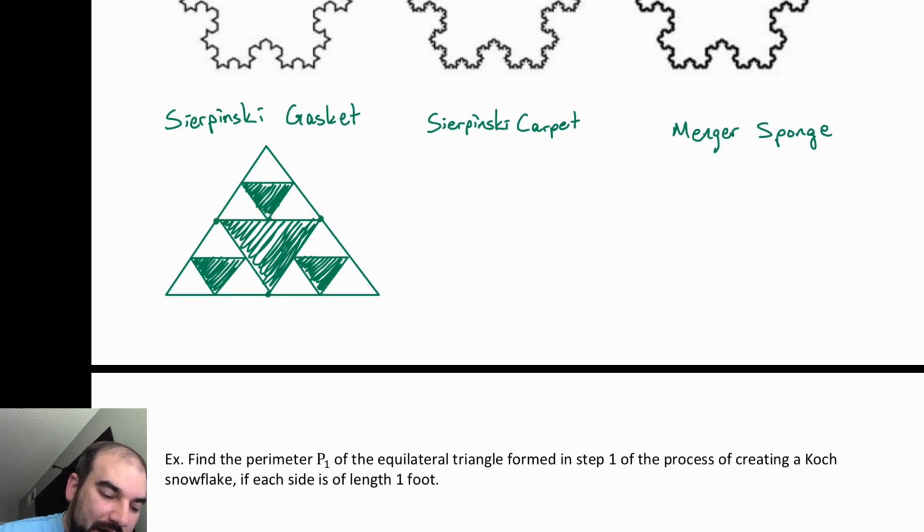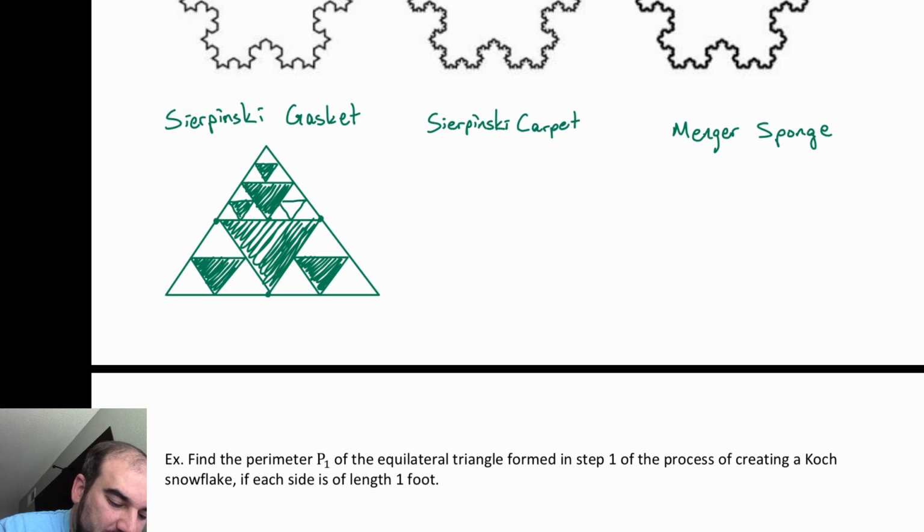So we continue this. Now, after doing a second step, the first step was removing this central triangle. The second step is removing these three triangles from the original. And so we've now formed 1, 2, 3, 4, 5, 6, 7, 8, 9 triangles that are identical but smaller to the original big triangle. Those are equilateral triangles. And then we repeat the process. We connect the midpoints of each of those, and we remove.